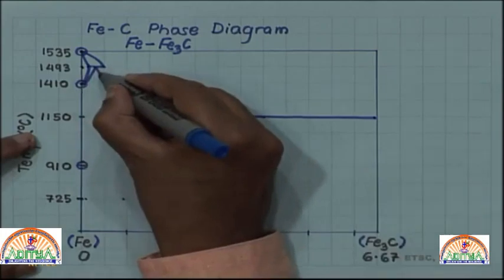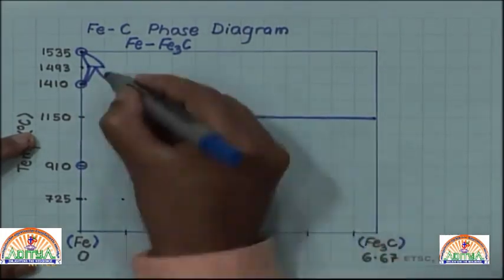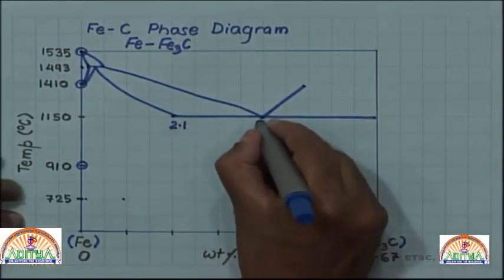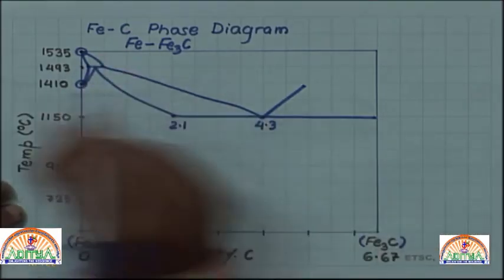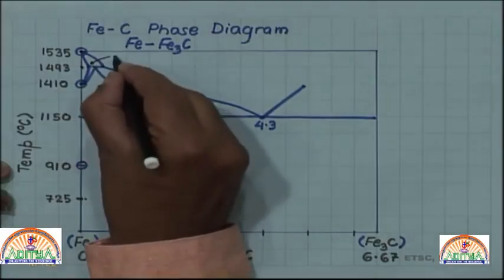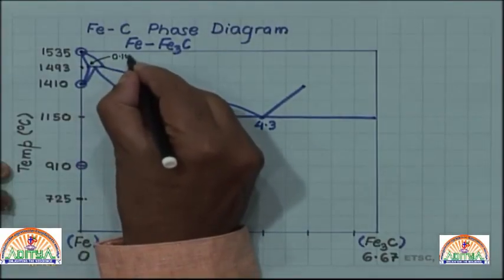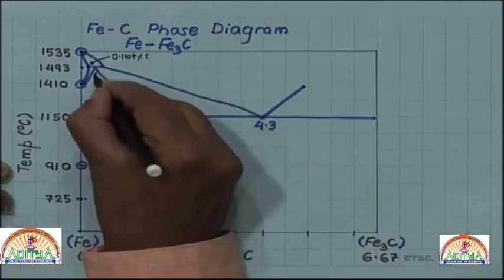So this is 2.1 weight percentage of carbon, and this is 4.3 weight percentage of carbon. Here this is 0.1 weight percentage of carbon, and this is 0.2, and this is 0.5. So the horizontal temperature is how much?